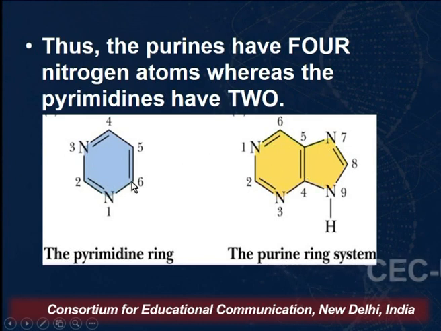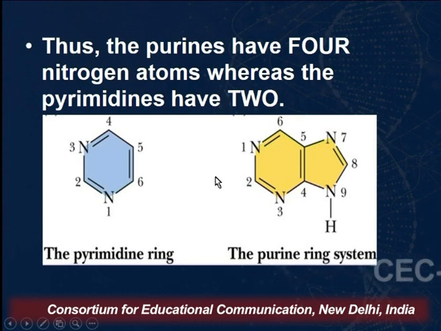What you observe here is that a pyrimidine ring has 2 nitrogen atoms in it, which are at positions 1 and 3, whereas a purine ring has 4 nitrogen atoms in it, which are at positions 1, 3, 7 and 9. So what you have to remember is that the pyrimidine ring is a single ring.